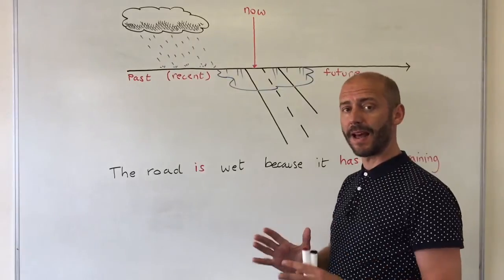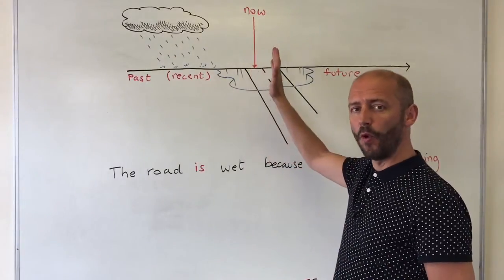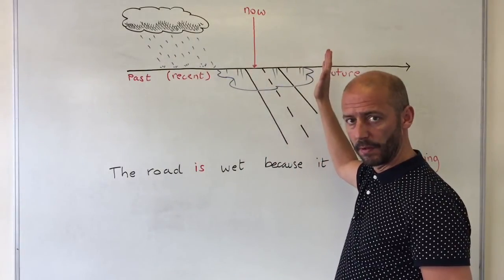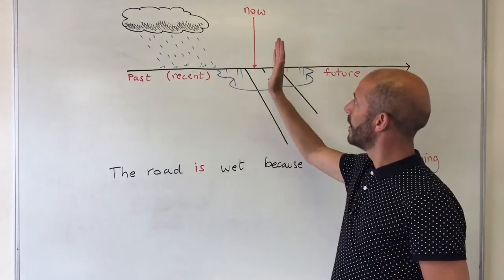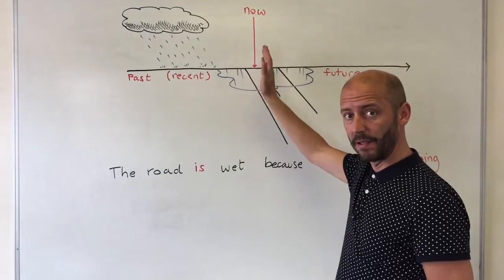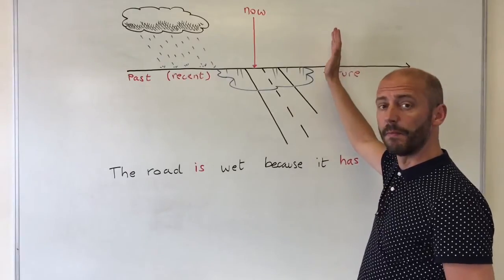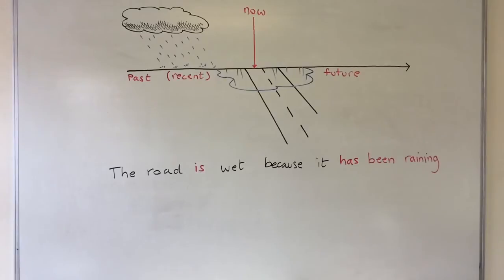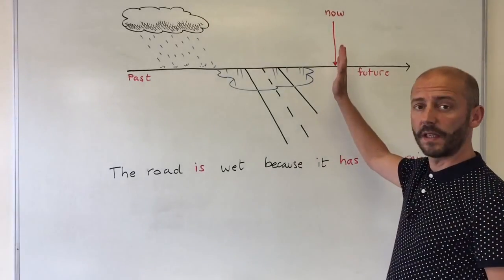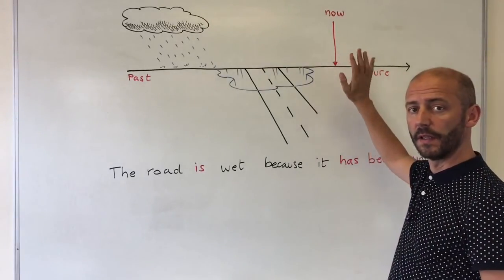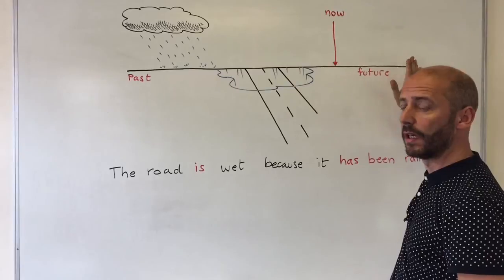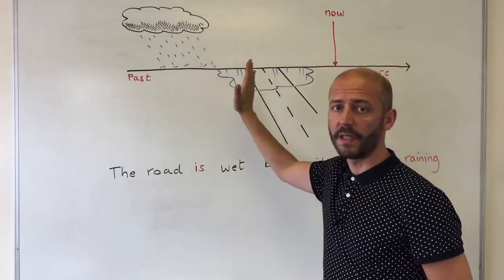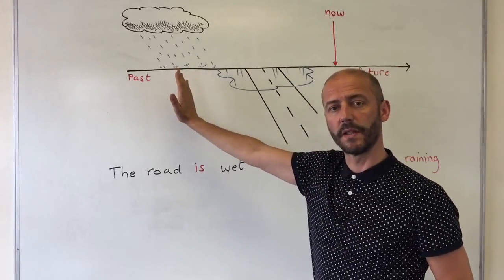Okay, now we're going to move forward in time, so that this becomes the past and this becomes the present. This is now the present, this is the future, and all of this is the past.